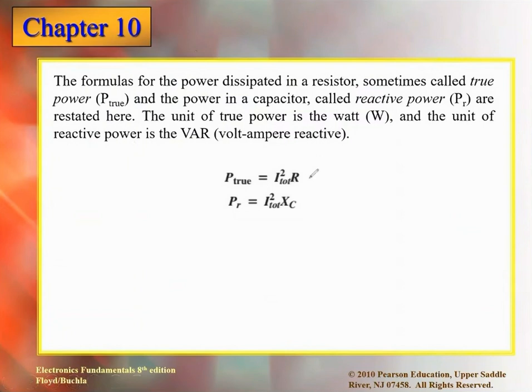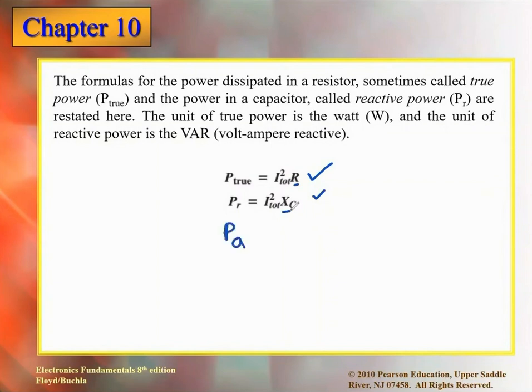See now the power. The true power formula is well known, because it is associated with the resistance. Reactive power is associated with the capacitor, so we need a reactance here, capacitive reactance, right? The last remaining is apparent power. I'm also writing that one.